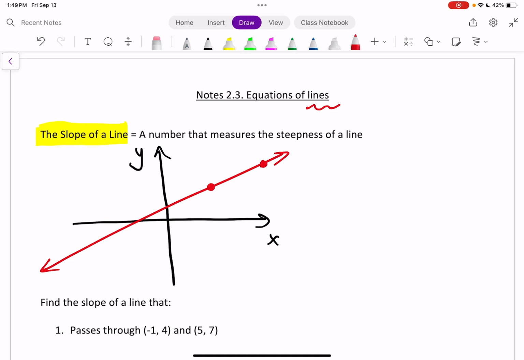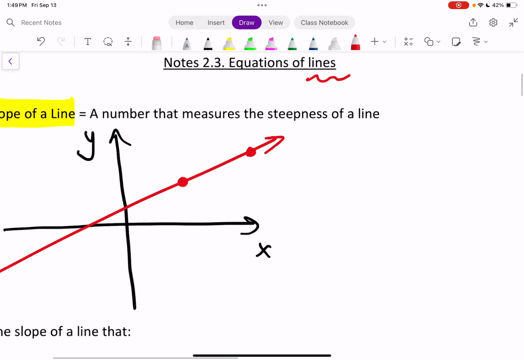So when we measure the slope of a line, all I have to do is pick 2 points. And by the way, I'm just going to say this first point has some kind of x1 and y1 coordinates, as in the x and the y of a first point. The second point has its own x and y coordinates.